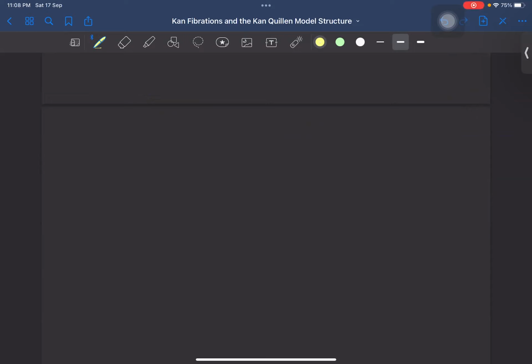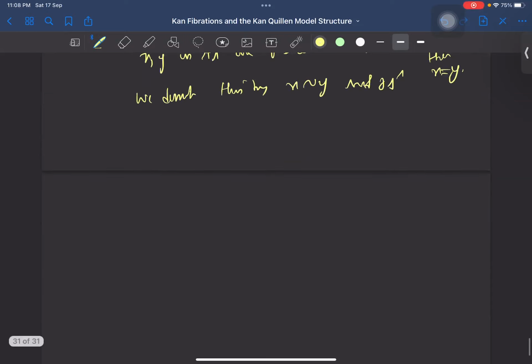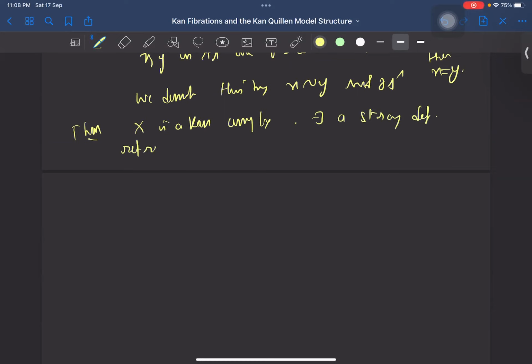I'll give a quick theorem again without proof. X is a Kan complex, and there exists a strong deformation retract, let me call it X dash of X, which is minimal. Again, I won't give a proof.